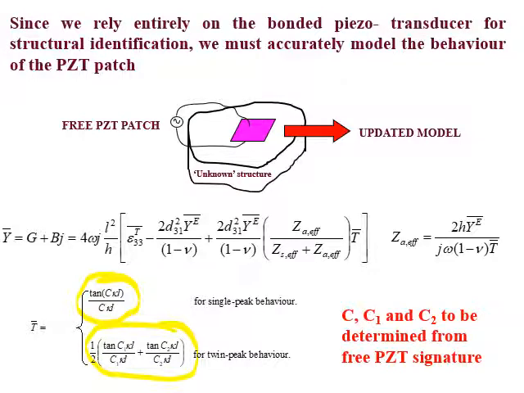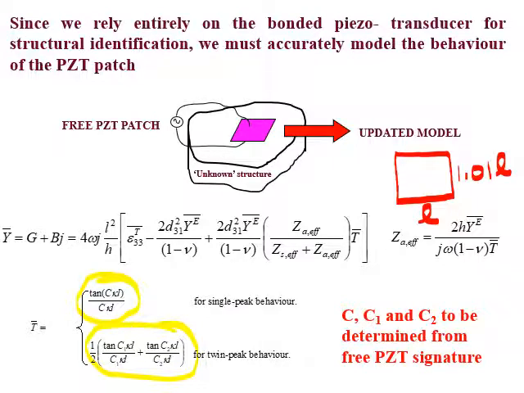While one dimension is L, the other dimension is slightly larger. Let's say this dimension is L, and this one is slightly larger than L. That means there will be two resonance frequencies, one corresponding to L, the other corresponding to 1.01 L. That's why we have the twin peaks.